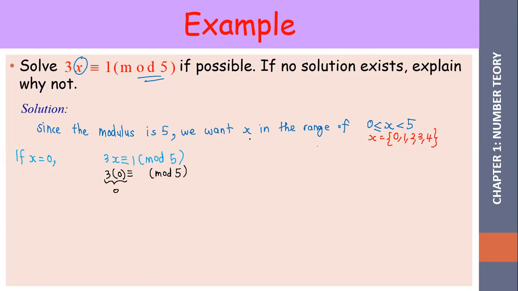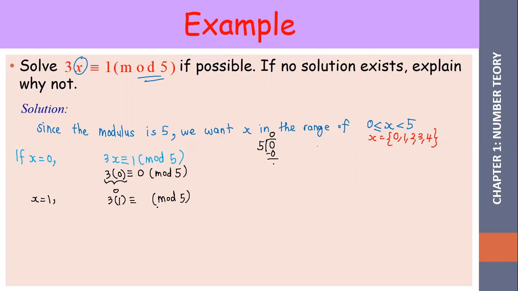Mod 5 means that we divide 0 by 5. 0 times 5 is 0, so what is the remainder? 0. Okay, so next, when x is equal to 1, 3 times 1 congruent to the remainder mod 5.